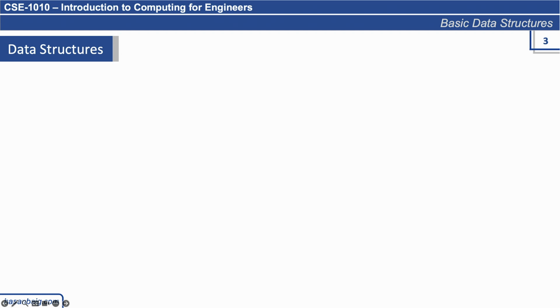Okay, and if all the students are dispersed across the auditorium, and you were given a task to count the number of students, let's say the number of computer science students, would it be easier for you to count if all these students are dispersed across the auditorium? Or would it be easier if you arrange all the students in certain groups?